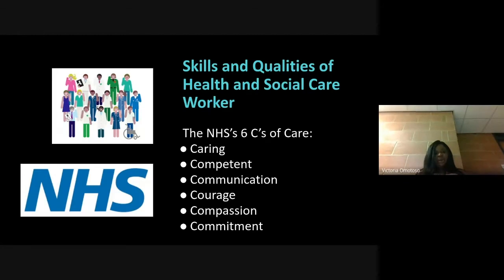Then we move on to communication. What does it mean to communicate? Anybody? Feel free to use the chat. So these are the skills that are required by us because we're going to be working within the NHS, working with vulnerable people, and taking up various professions that my colleagues are going to talk to you about in a few moments.